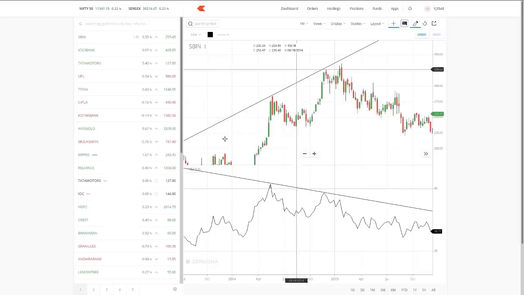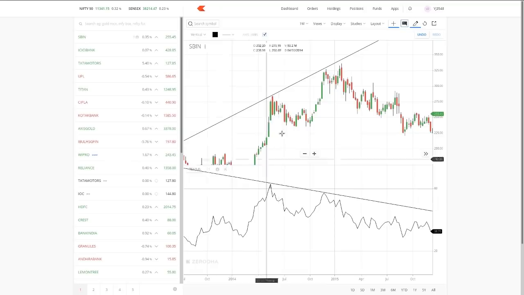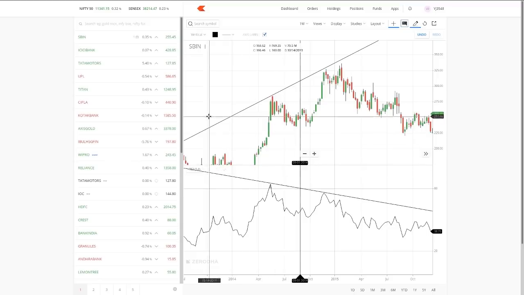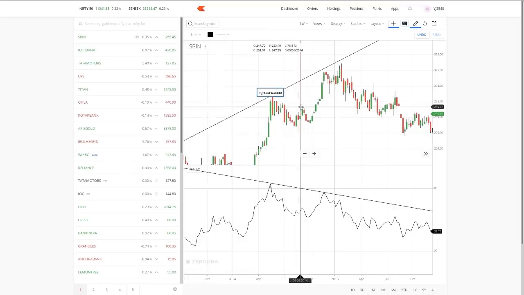Okay, so if I divide this, let me just draw a line so I can explain this. So I drew a vertical line. In this period, before this line, wherever I am moving my cursor, we have identified that this is the high. Now after this line, we have identified that this is the new high, which is, let's say, current.